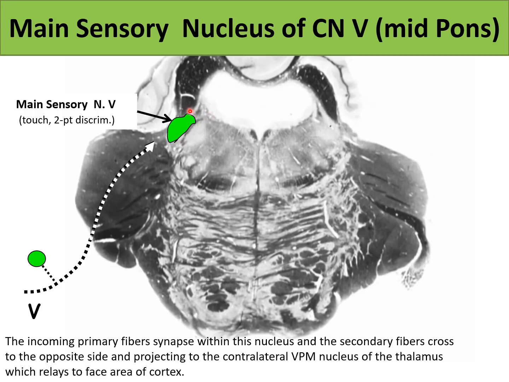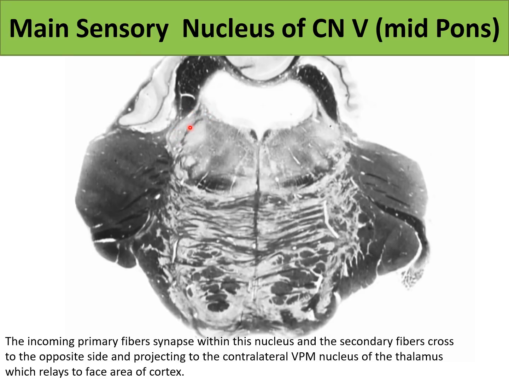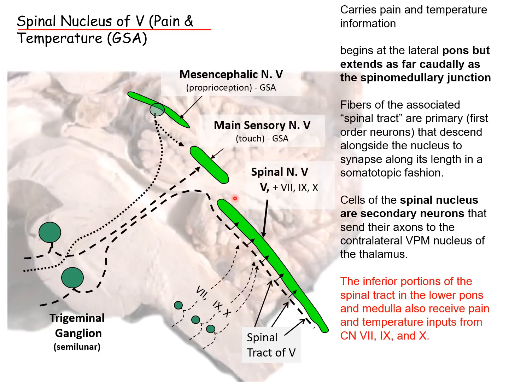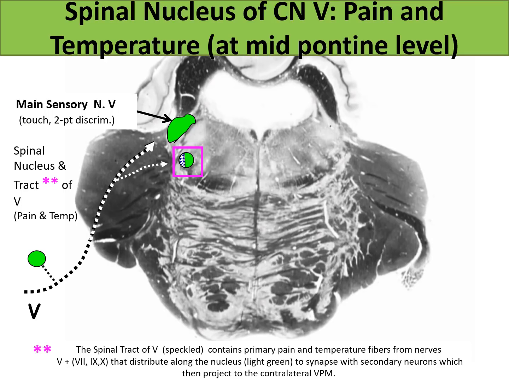We see here the main sensory nucleus of 5 in the pons, represented in this location. And then we'll look at the spinal nucleus of the trigeminal, and you see here the spinal nucleus of the trigeminal carrying pain and temperature information. It also gets input from other cranial nerves, from 7, 9, and 10. And this is the position of the spinal nucleus of 5.